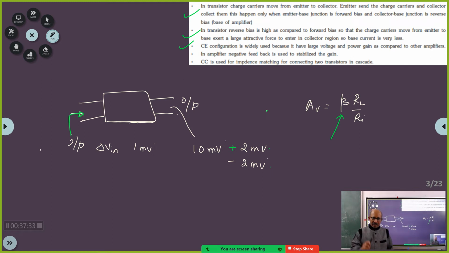And the concentration of these charge carriers depends upon what? Doping, sir. Correct, one is doping. Any other factor which will affect the concentration? Come on, basics of semiconductor.